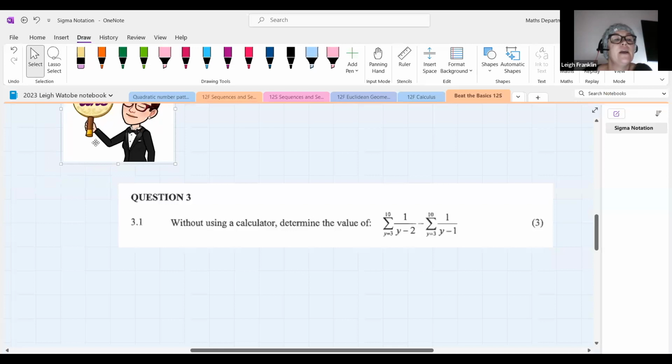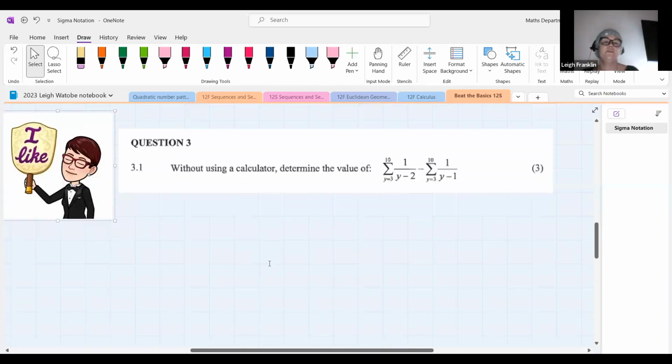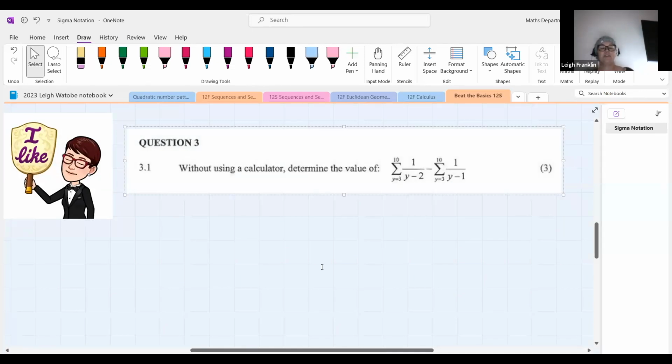Okay, so let's have a look at question number 3. So without using a calculator, determine the value of, and again, here is more sigma notation.